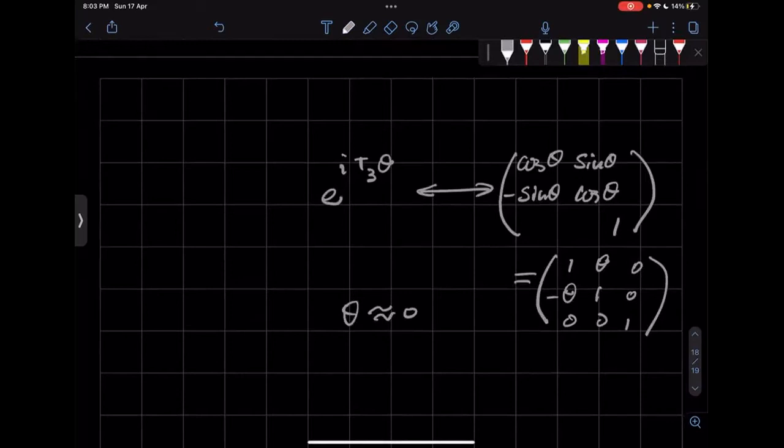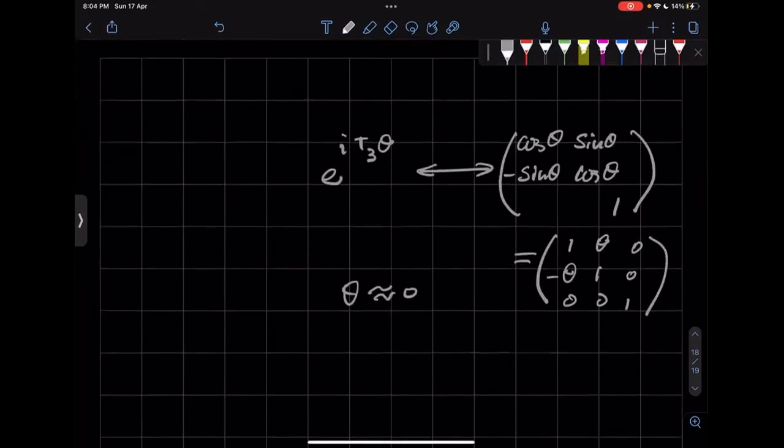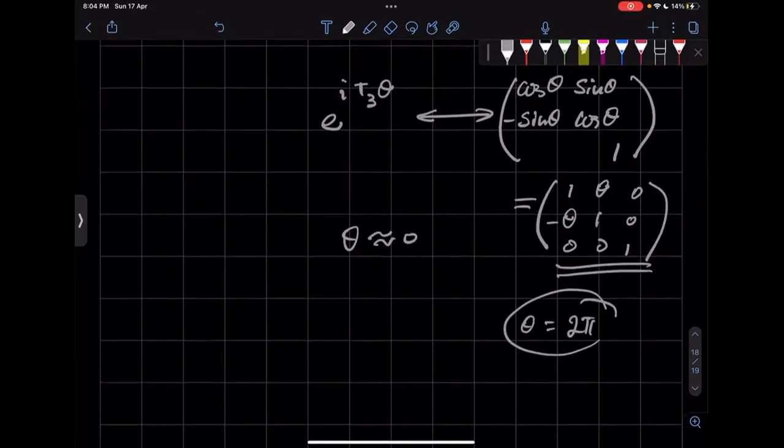But if you take theta to be 2 pi, then you're back to the original point, the identity. So you've gone too far. If you take theta to be pi, then you are as far away as you can be.